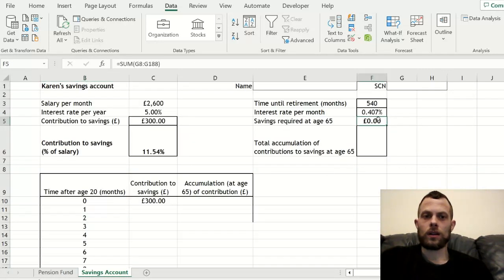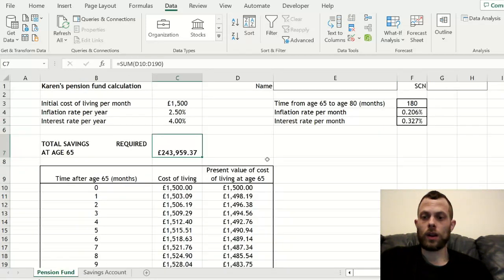So now I'm going to fix this reference, or this copy, because what I did I just copied, but that total required was itself a formula. So we don't want to copy the formula, we just want to copy the value.